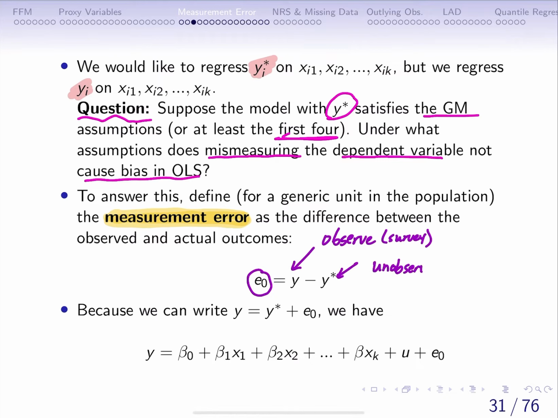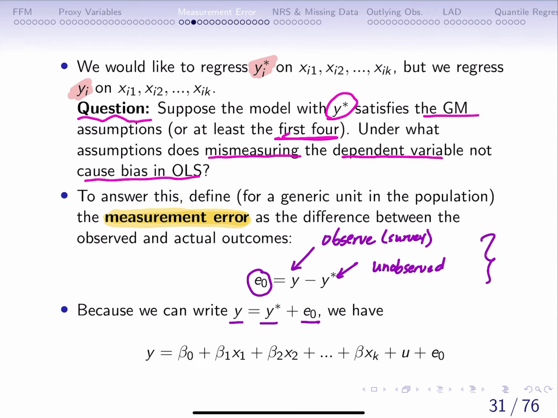This is a theoretical concept here, but basically we're saying that there's some sort of a gap. So we can rewrite this equation in terms of y, which is observed. We can say y is equal to y star plus E naught, and each E naught is going to be different for each family. Sometimes E naught is positive, sometimes E naught is negative.